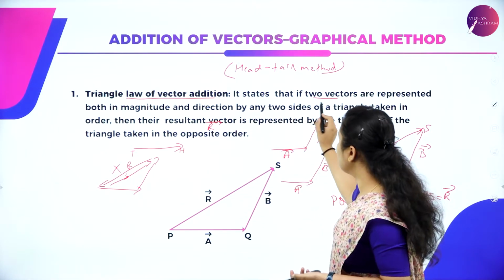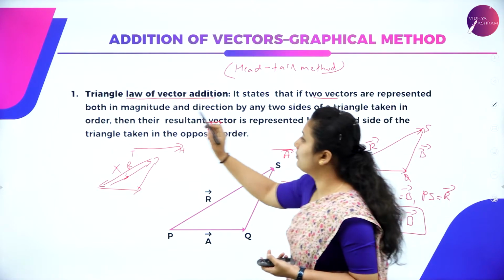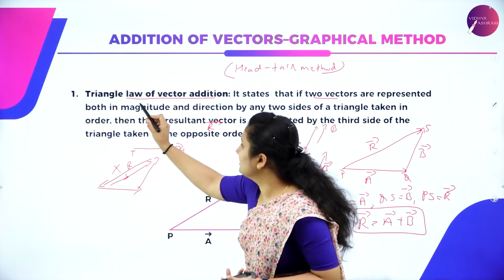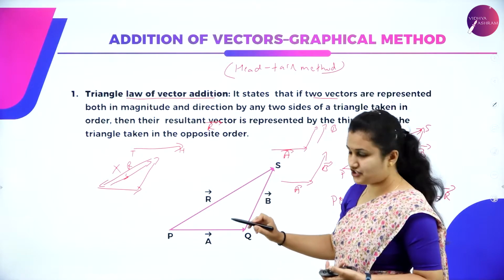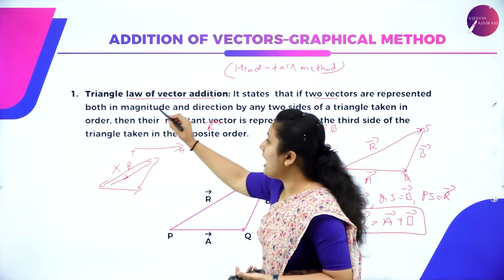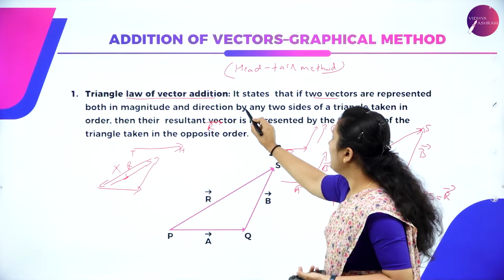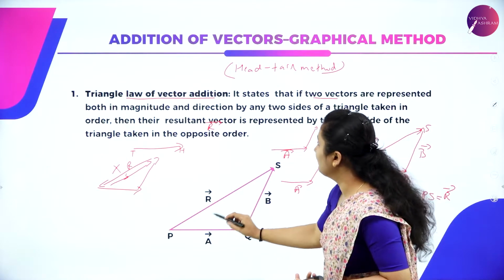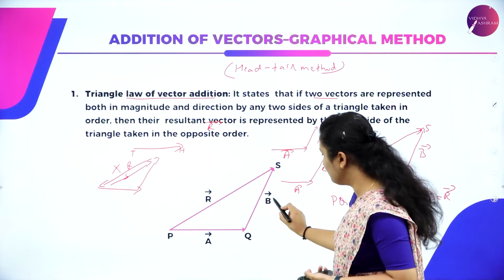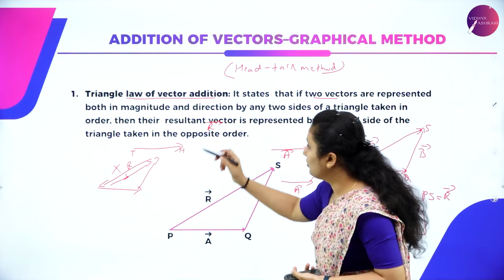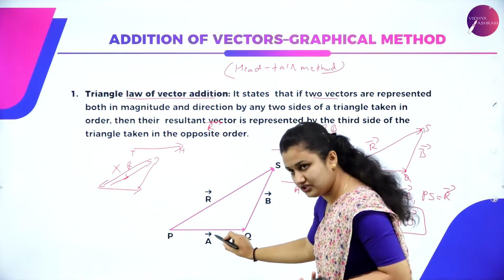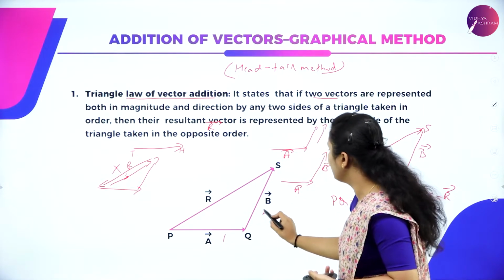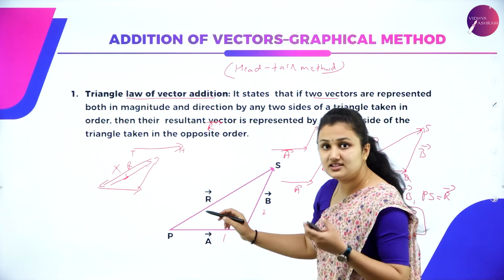It states that if two vectors are represented both in magnitude and direction by any two sides of a triangle, you have a triangle, you have two vectors A and B represented both in magnitude and direction by two sides of the triangle in the same order.